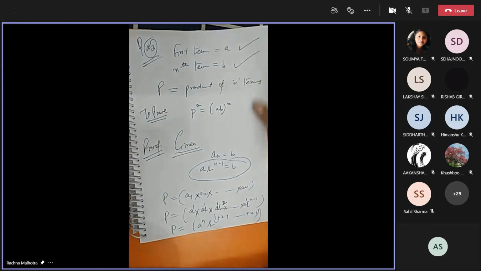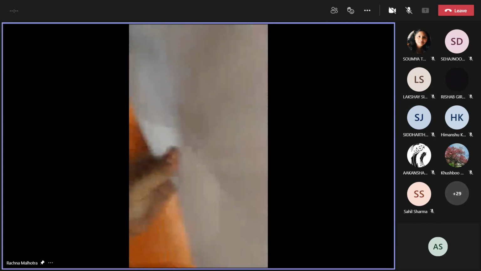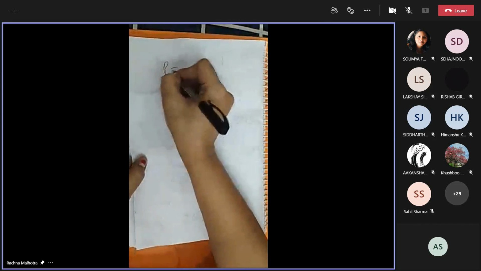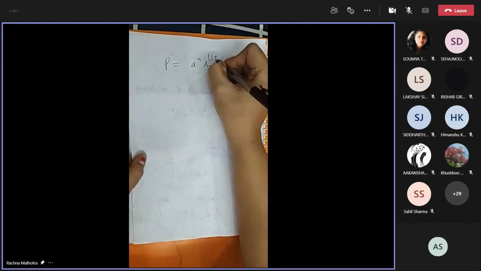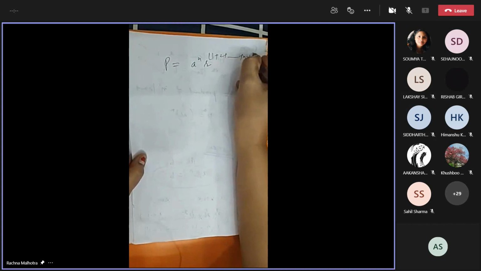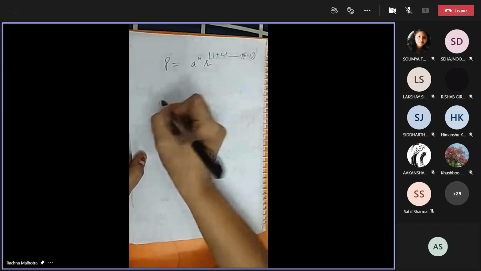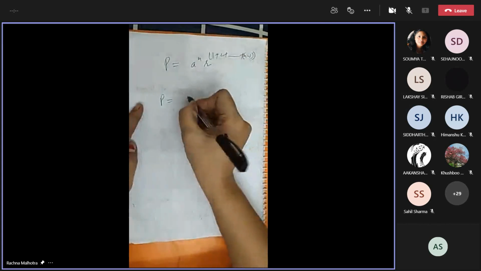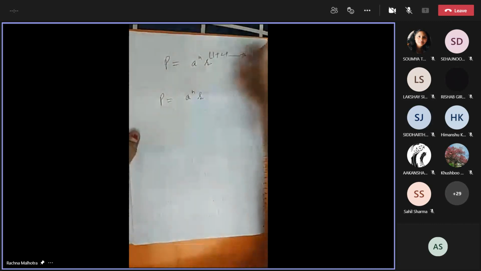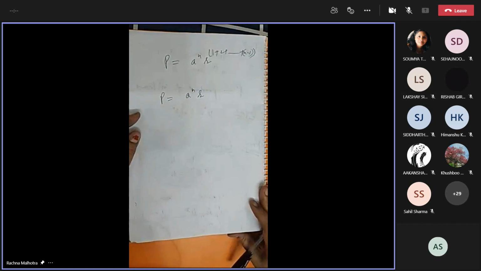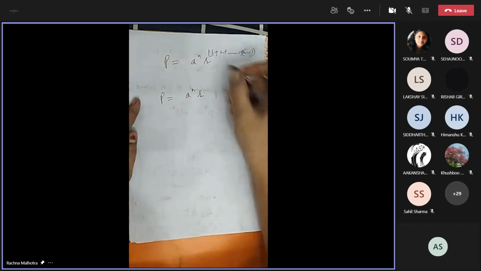So in the next step, this P is equivalent to A to the power n and R to the power, this is 1, 2 until n minus 1. Is it forming GP or AP? The powers of R are forming an AP. And sum to how many terms? N minus 1.